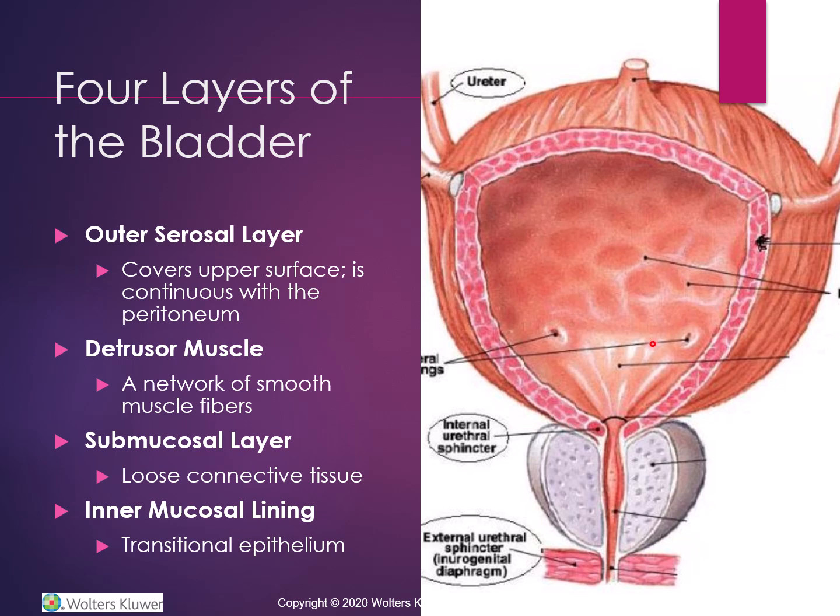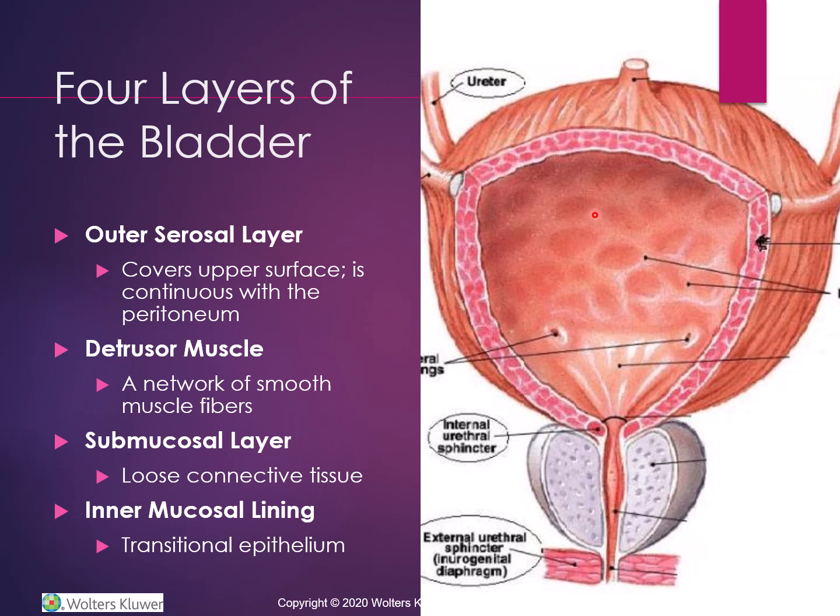And then there's the submucosal layer that you can see really thin here around the detrusor muscles. It's another area of loose connective tissue, some adipose tissue. And then there's the inner mucosal lining, or the transitional epithelium, right on that inner lining of the bladder. That epithelial layer acts as a barrier, which is essential because there are different tonicities between urine and the blood.